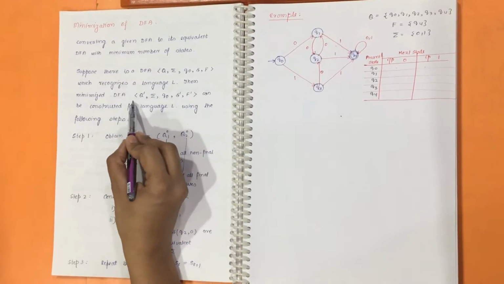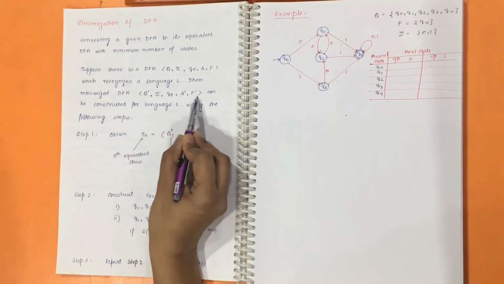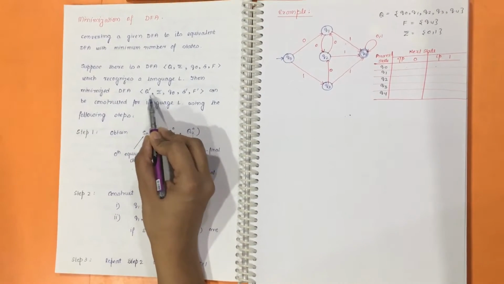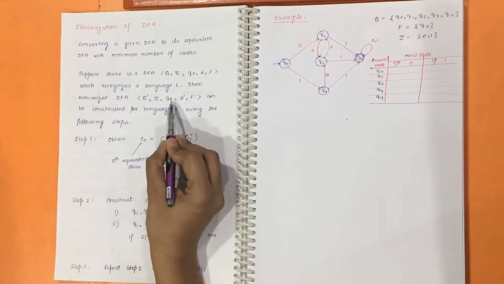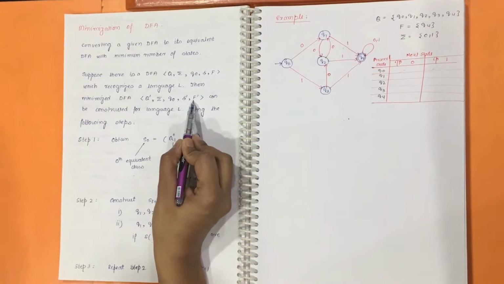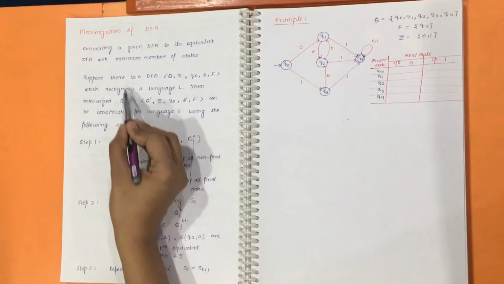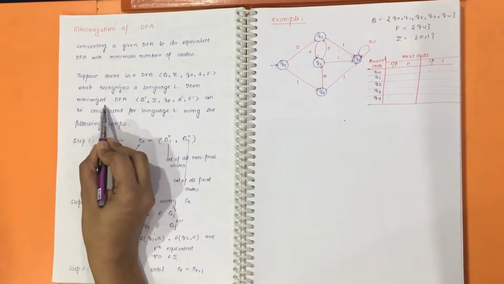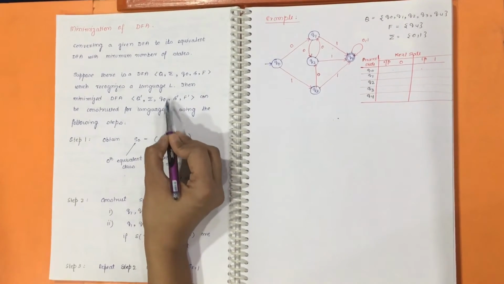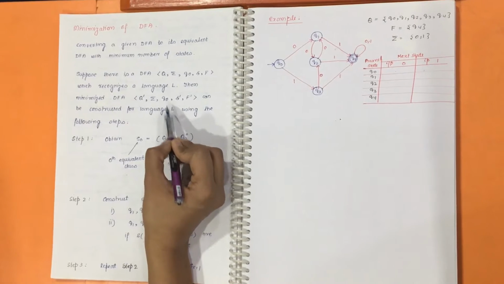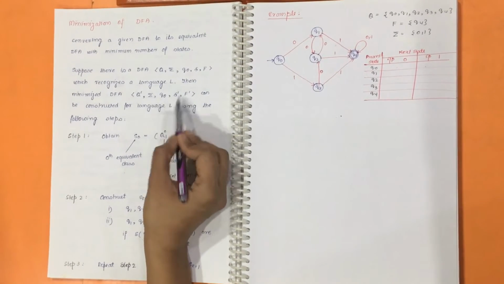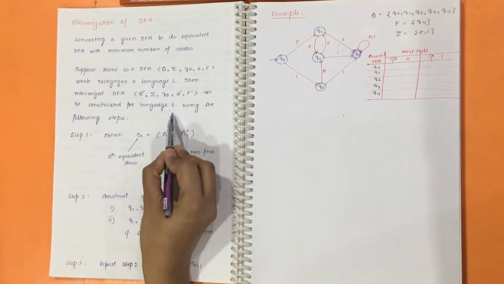The minimized DFA has these 5 tuples: Q prime, sigma, Q naught, delta prime and F naught. The idea is that both DFAs, the original DFA and the minimized DFA, should accept the same language, meaning they should be equivalent in terms of their language accepting capability.